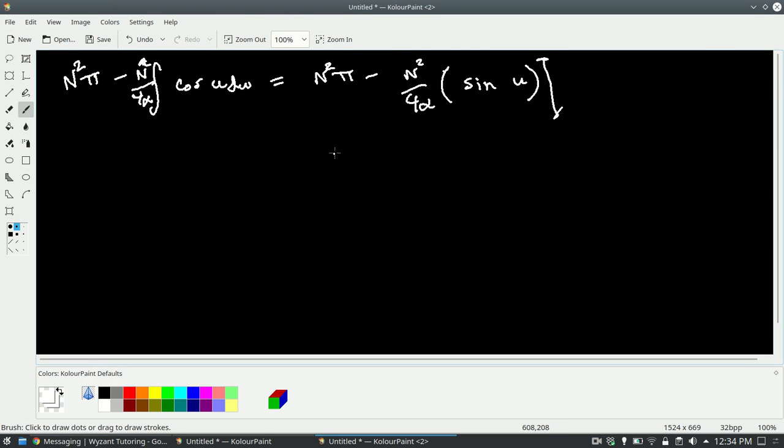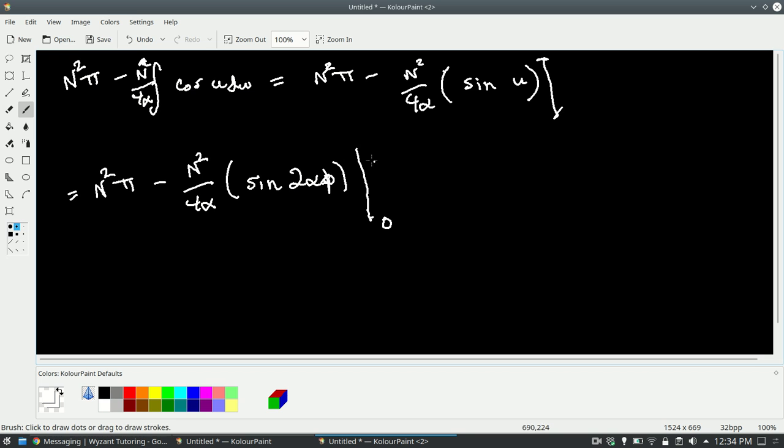So this is going to be equal to n squared pi minus n squared over 4 alpha times sine of 2 alpha phi, integrated from 0 to 2 pi.